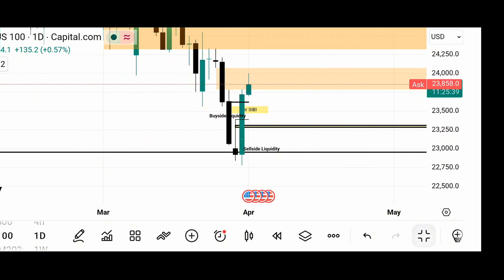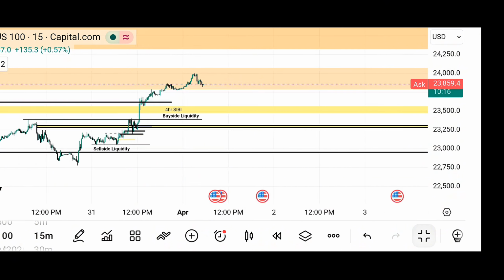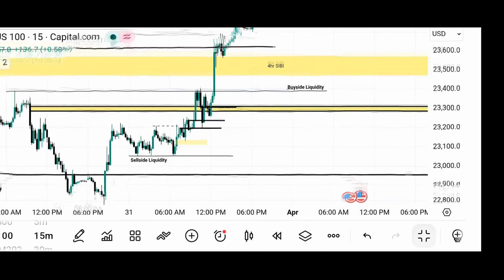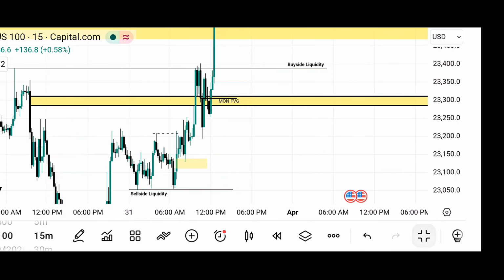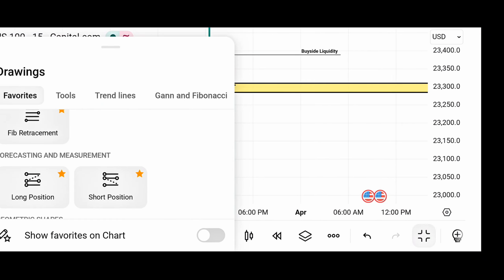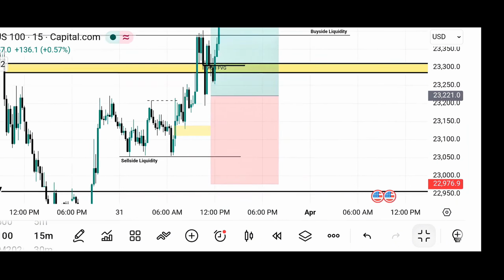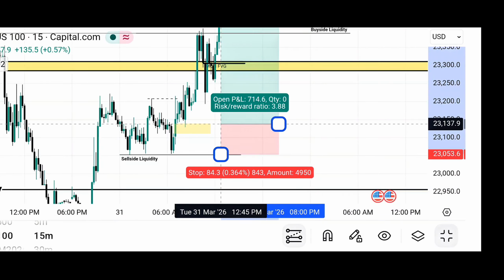So let's see how the risk to reward ratio for this type of trade would look if you actually enter the wave. This is Nasdaq. Let's say you enter the long at this fair value gap.